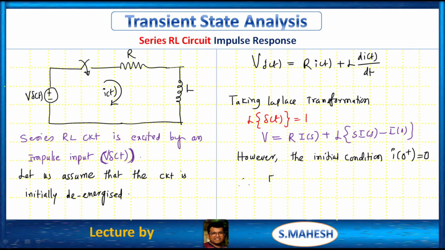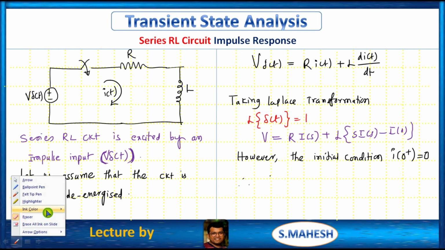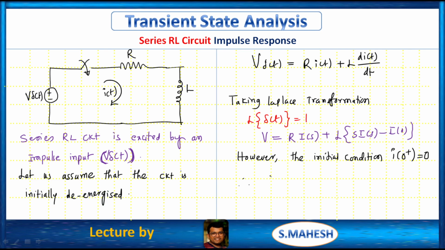Therefore, V equals R into I of s plus Ls into I of s.